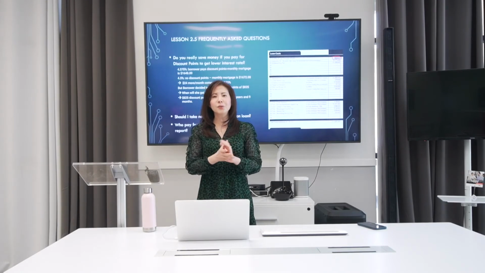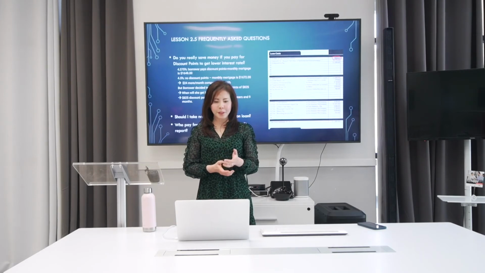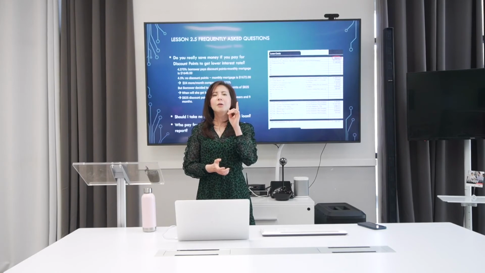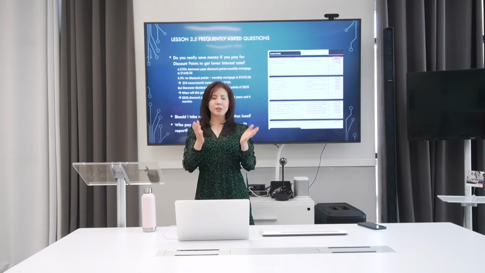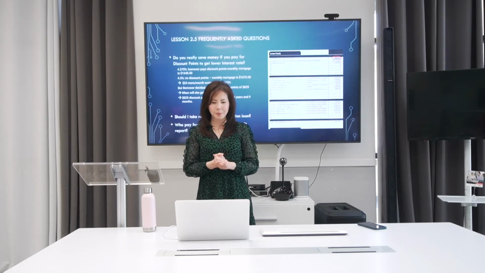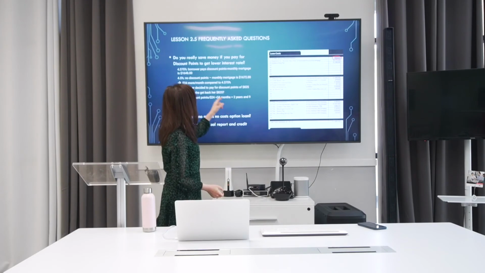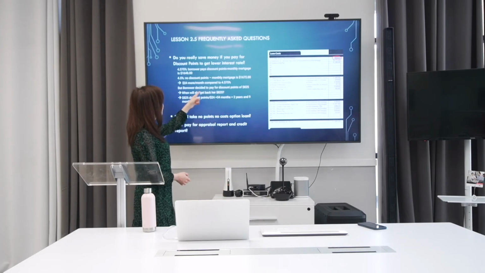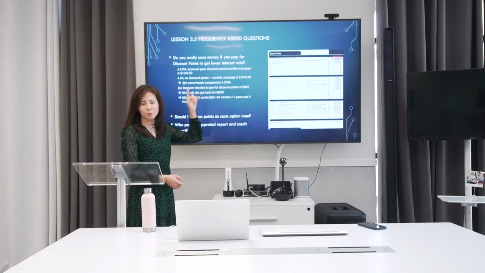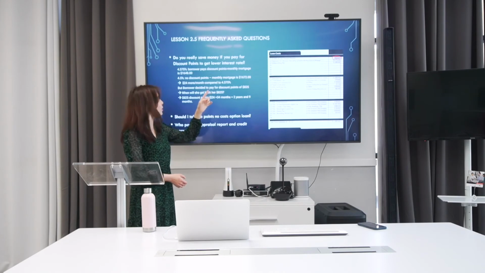In order to answer that, we have to say, okay, if she doesn't pay points, for example, if she locked the rate at 4.5%, no discount points, because when she locks a higher rate, she doesn't have to pay discount points. At 4.5%, her monthly mortgage is $1,672.